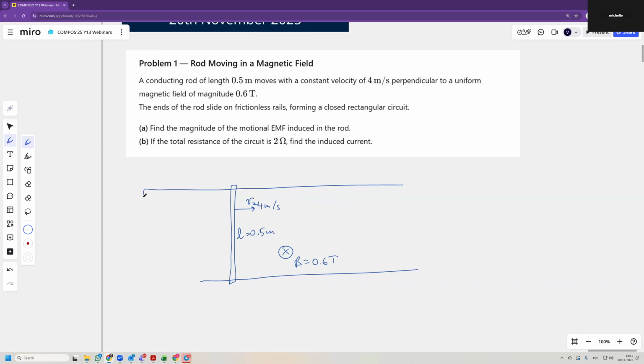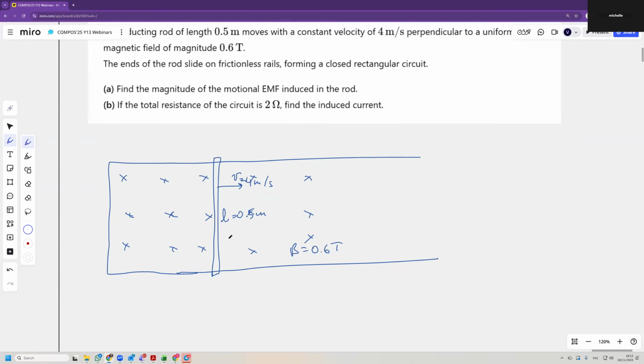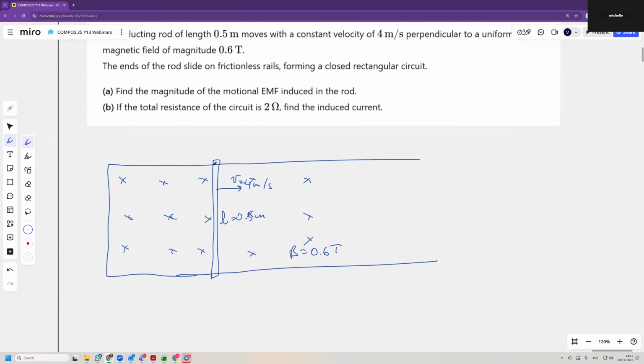So there must be another end here. Basically, there's a magnetic field, and yeah, it is moving. Now, because the rod is moving, there's motional EMF on the ends of the rod.